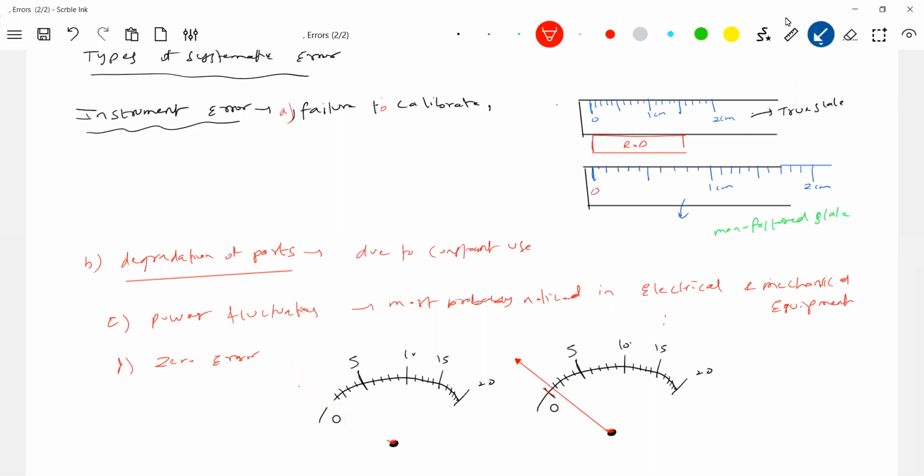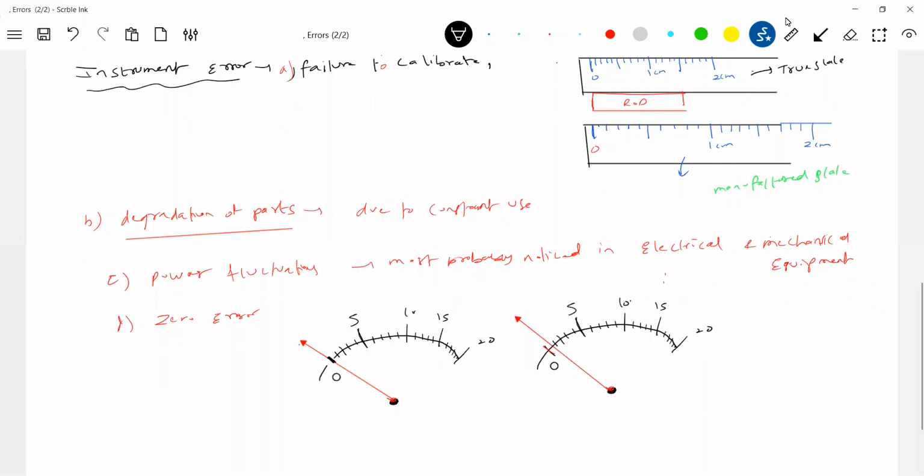I'll draw a better diagram. When the equipment is not in use, the pointer should be at zero, but it is coming here. So it's a zero error.